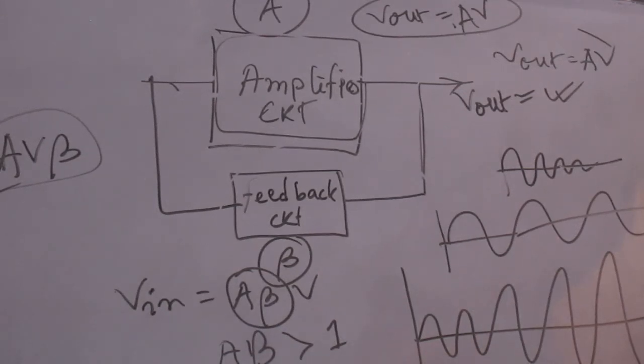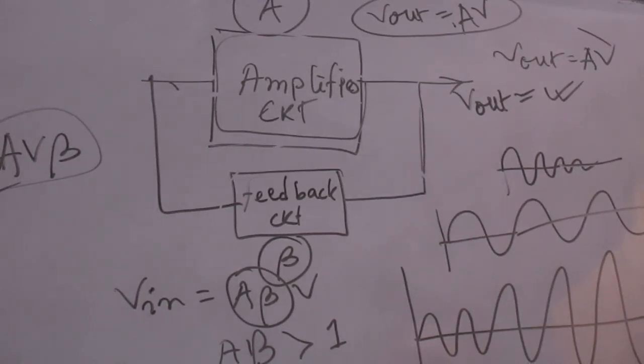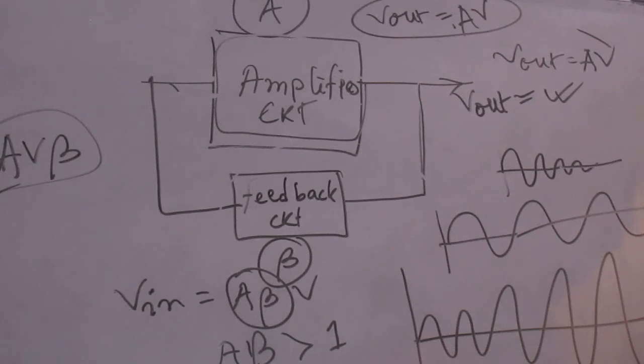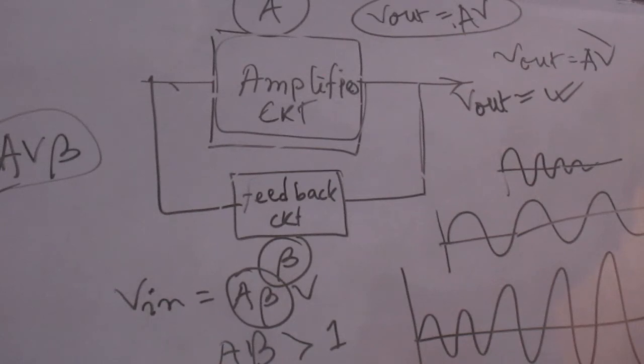So if A beta is equal to 1, then we will end up with sustained oscillation, that is, amplitude remains constant, neither increasing nor decreasing. So this criterion is very important, and this is known as the Barkhausen criterion.